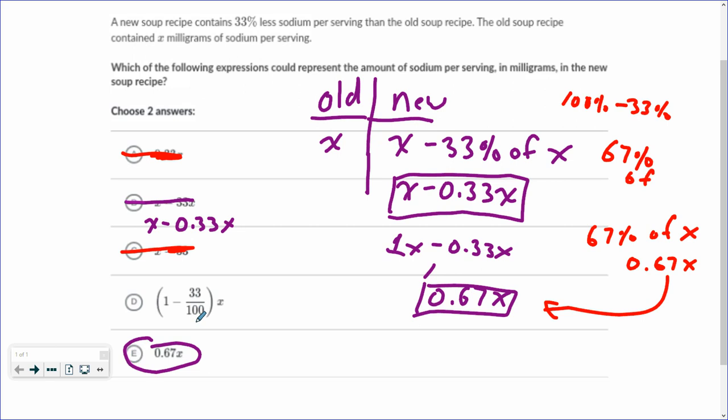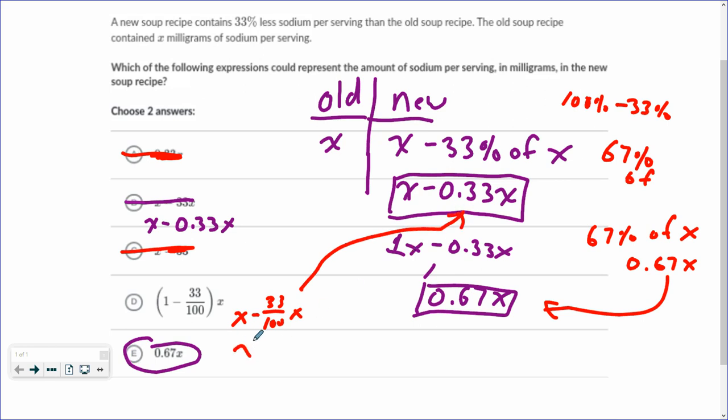So let's think about what's going on here. Well, if I were to distribute, X times 1 is 1X, and X times negative 33 over 100 is negative 33 over 100x. Well, if you think about this, this is 33 hundredths. Isn't that the same as this right over here, 33 hundredths?